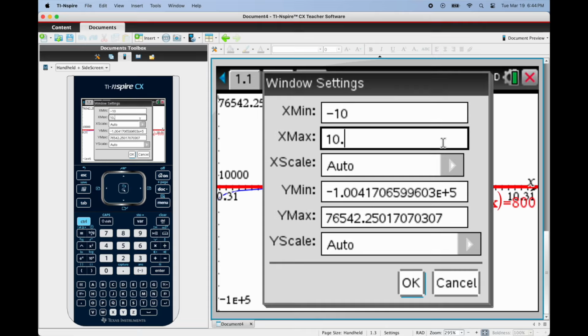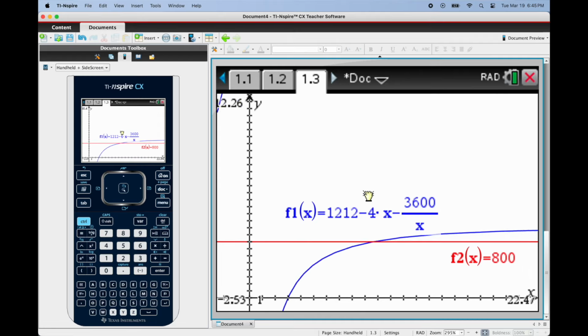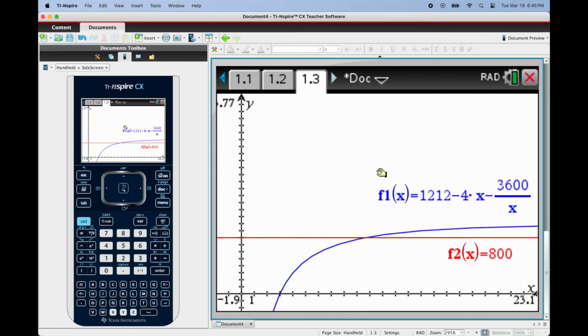That should be fine, because if it's at 9, let's go 15. And y min, I don't know if we need it that high. It should only need to be at about 1,000. So let's go maybe 3,000 just to make sure. And we can call this negative 100. And there's our intersection. And we do only have one intersection.